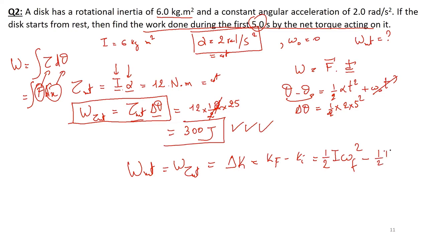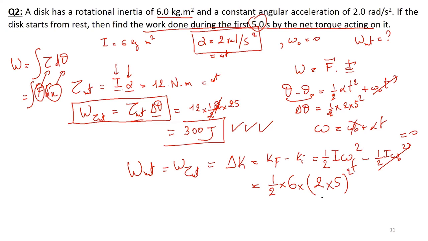But omega initial is 0, so this is 0. So I will have half moment of inertia. It's a disk, and I gave you the moment of inertia, it's 6. Now omega final. It's a constant acceleration motion, which means omega final is equal to omega initial plus alpha t. Omega initial is 0, so it's just alpha t. So alpha is equal to 2, t is equal to 5. You do it and you will get the same answer, which is 300 joules.